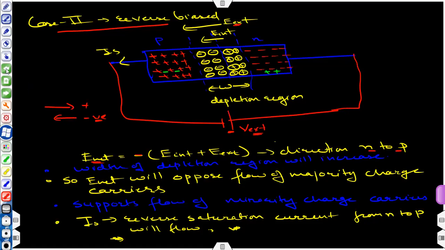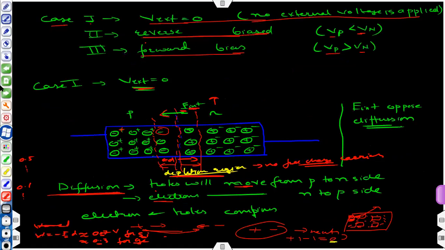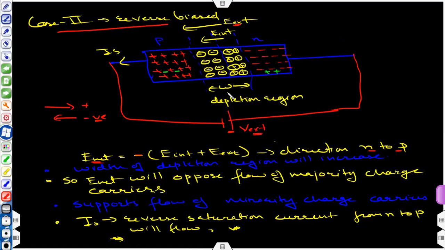If the width of the depletion region in this case is D1, it is obvious that D1 will be greater than D. The width of the depletion region will increase, because this negative terminal is attracting free holes, so there will be further loss of free holes from the P side, and the positive terminal is attracting free electrons, so a few more free electrons will be depleted into the battery.